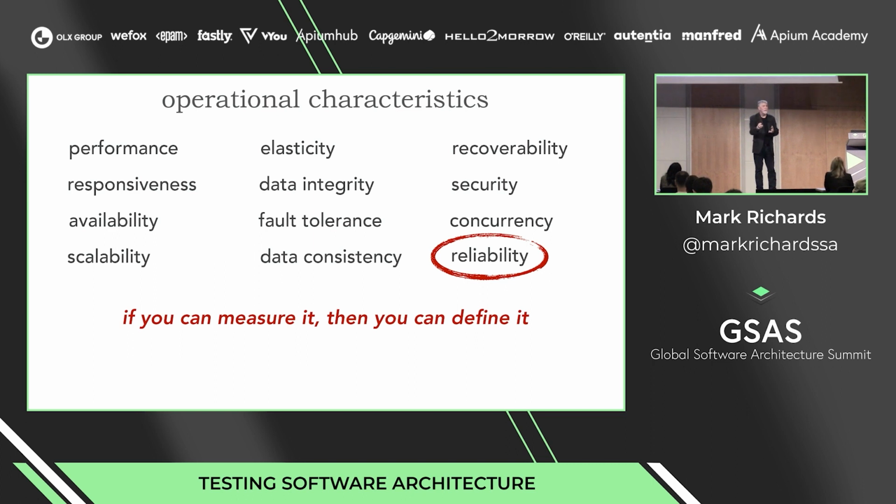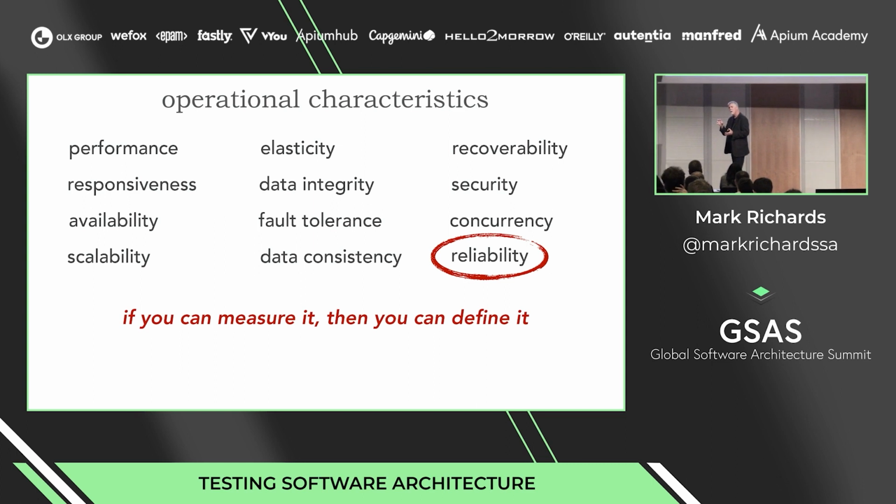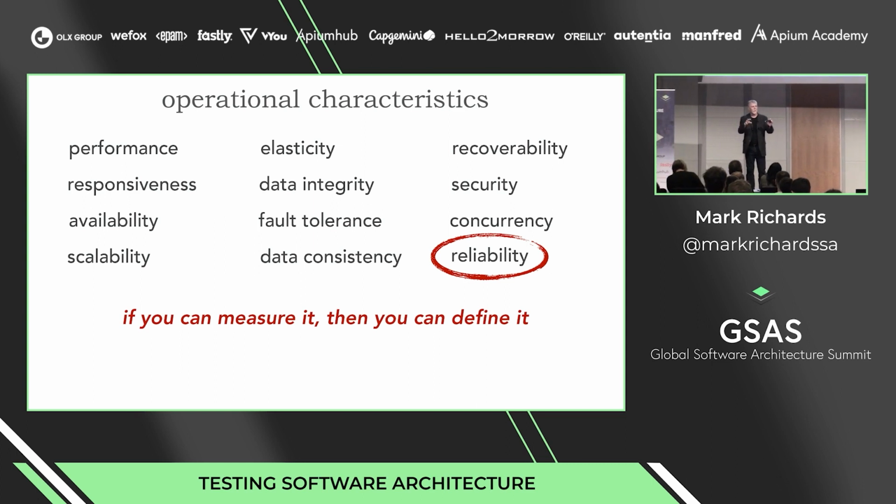That's all about data integrity. Something else I can measure. So do you see, we can start to now define for your particular scenario what reliability means. Availability, fault tolerance, error rates, data integrity, all of those pieces.